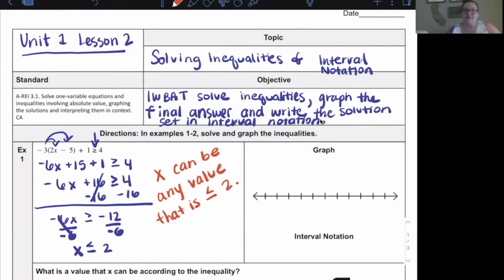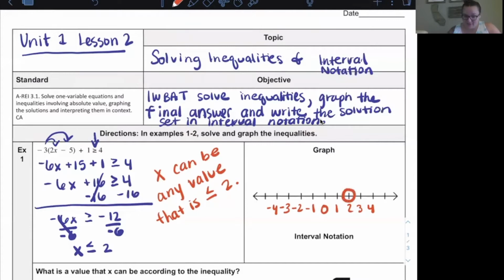So how do we graph that? Well, we graph it on a number line to show and model the solution set. The graph on the number line just makes it obvious as to what x can and can't be. So to set up your graph, you're going to want 0, you're going to want some positive numbers, and you're going to want some negative numbers. Then you're going to put a circle on the value that x starts at. So x can be less than or equal to 2, so I'm going to put a circle on 2.